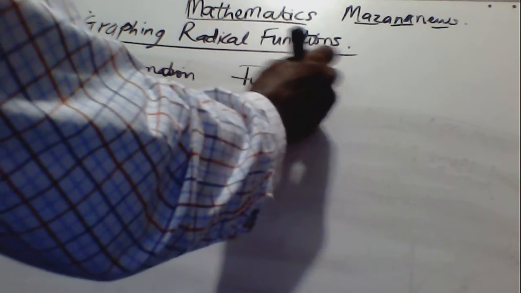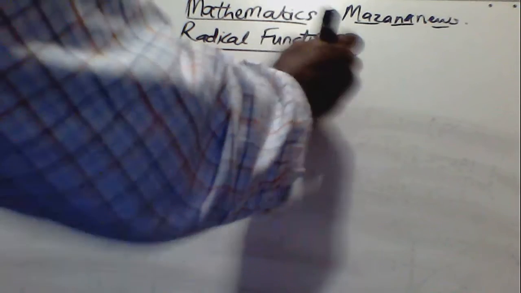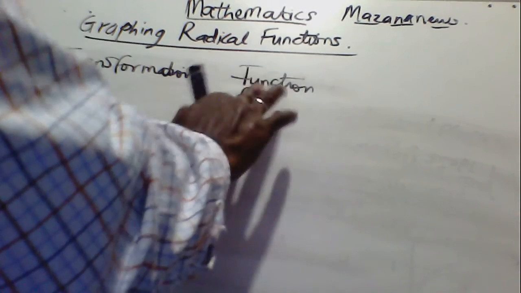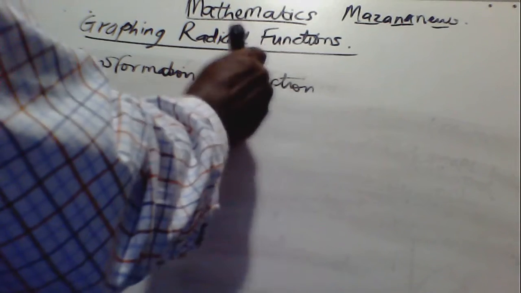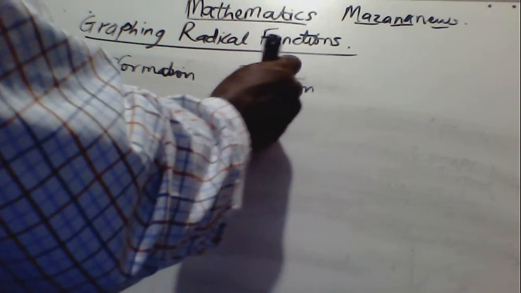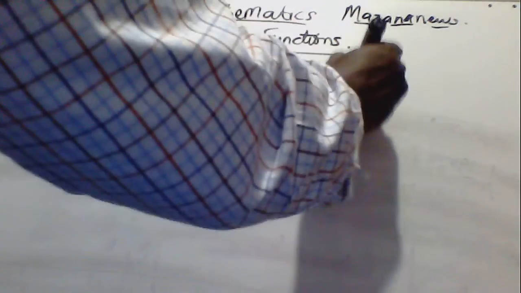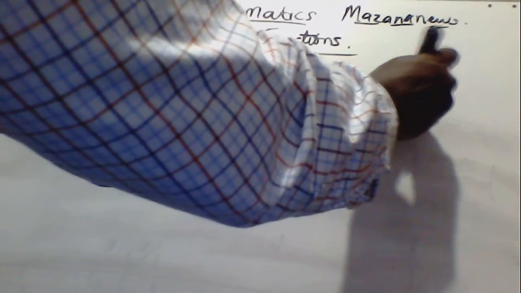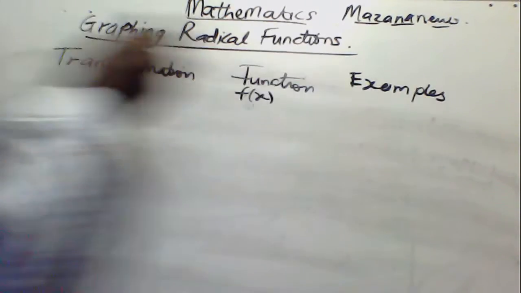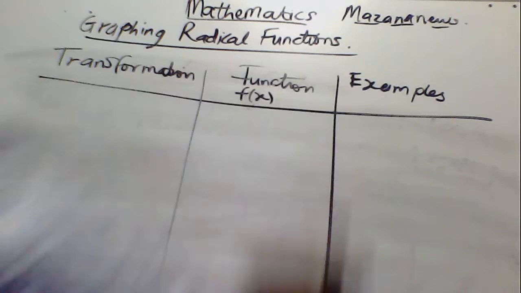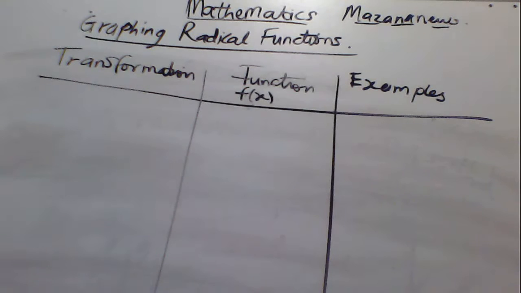Function, transformation, function. This is function f of x. This is an example. In order to graph it, you have to know these things. They are not much different between them.